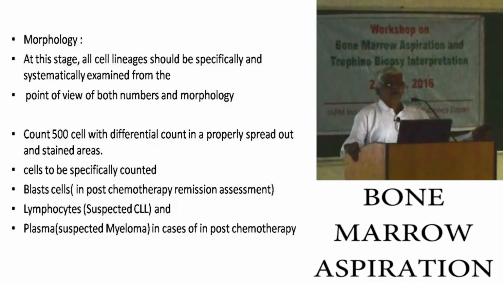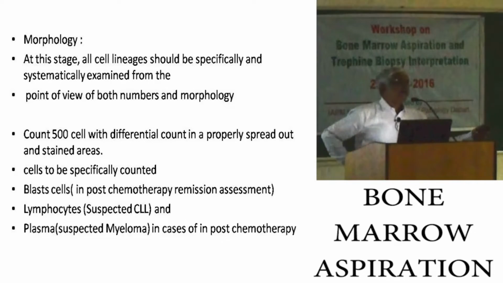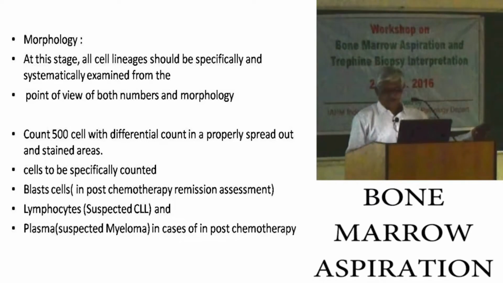Particularly the blast cells should be properly counted if there is a case of blast cell leukemia, for assessment of the treatment or follow-up. Then plasma cells and lymphocytes in suspected chronic lymphocytic leukemia and myeloma after chemotherapy.